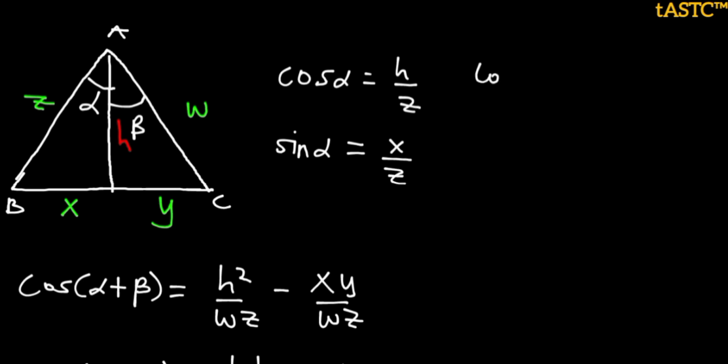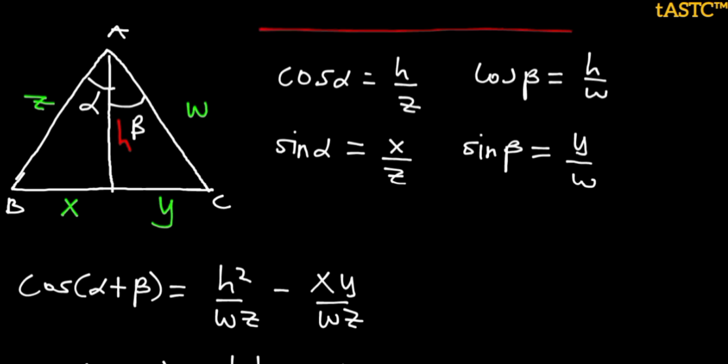Then if you wanted to find the cos of the angle beta, that should have been the adjacent, which is h, divided by the hypotenuse for this triangle. That gives you a w. And trying to find the sine of the angle beta, that will be opposite, which is the y, divided by the hypotenuse, which is the w. So we just have these stuff at the back. We really need to use them.